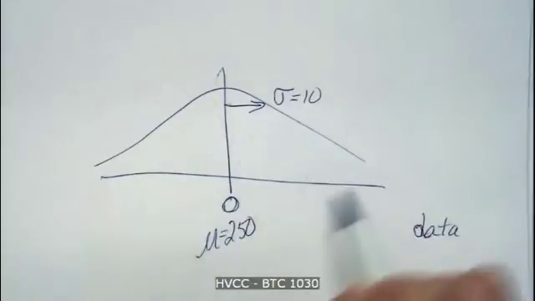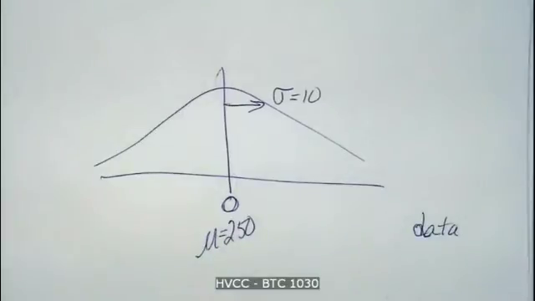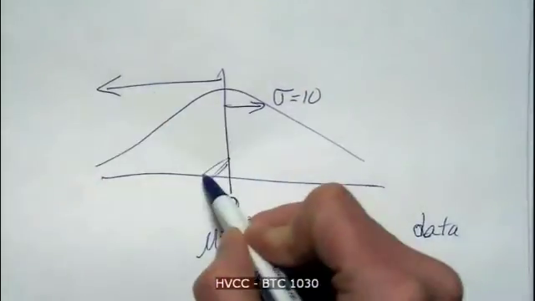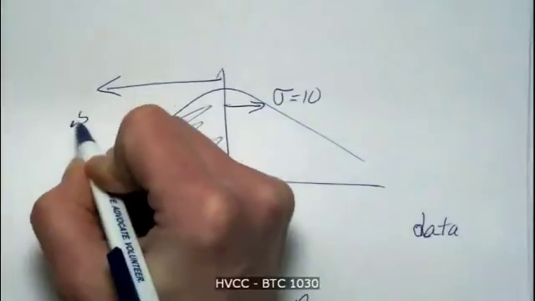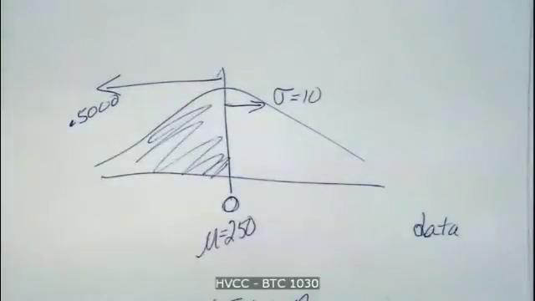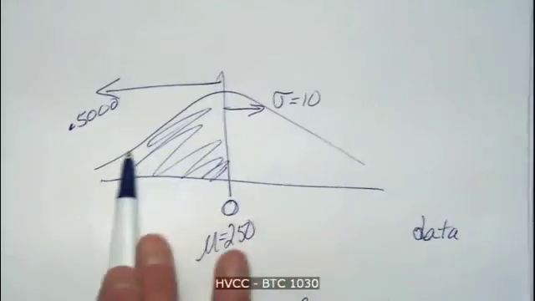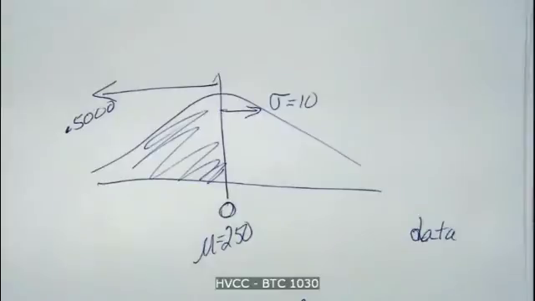The total area under the curve will be 1.0. So therefore, half the area, or this area I'm shading, will be 0.50, or 50%. The area under the curve corresponds to the probability. So I could say the probability of selecting a box of cereal that weighed 250 grams or less is 50%.